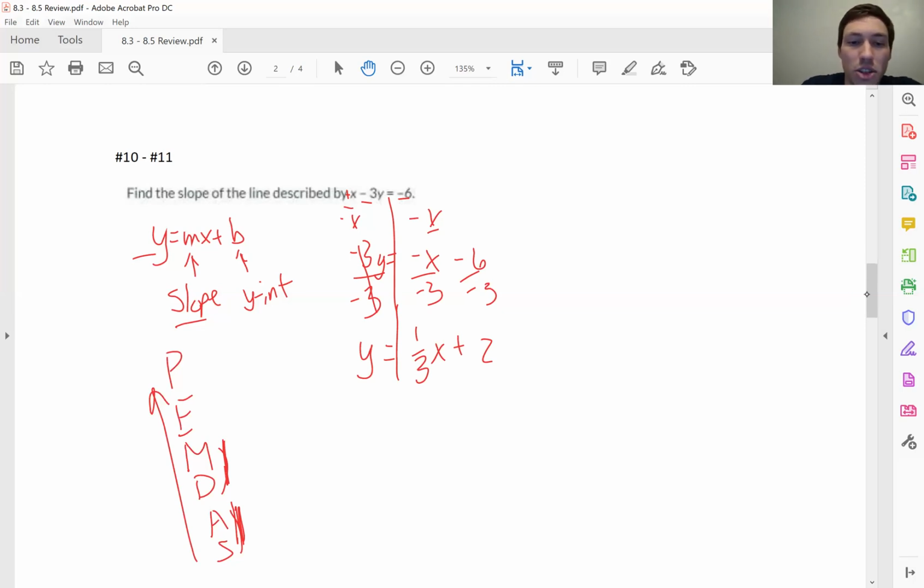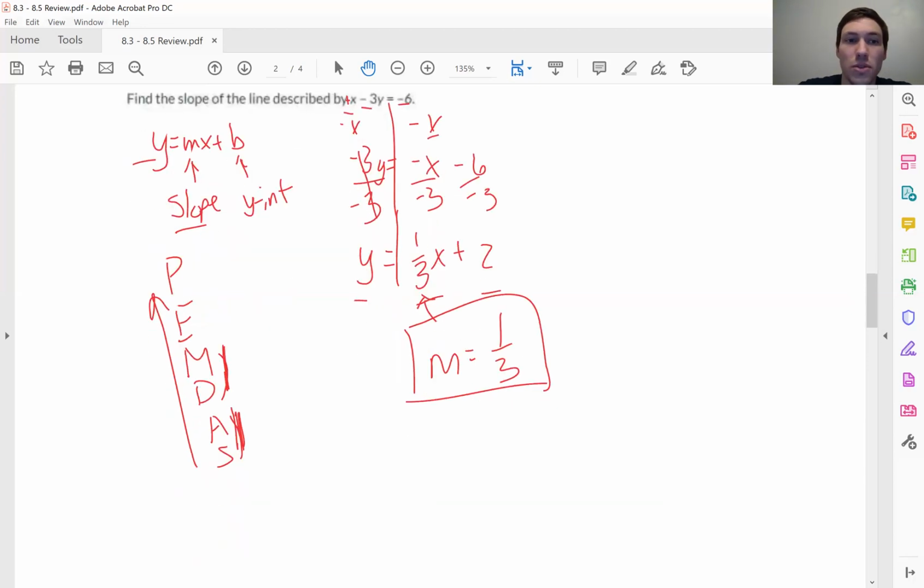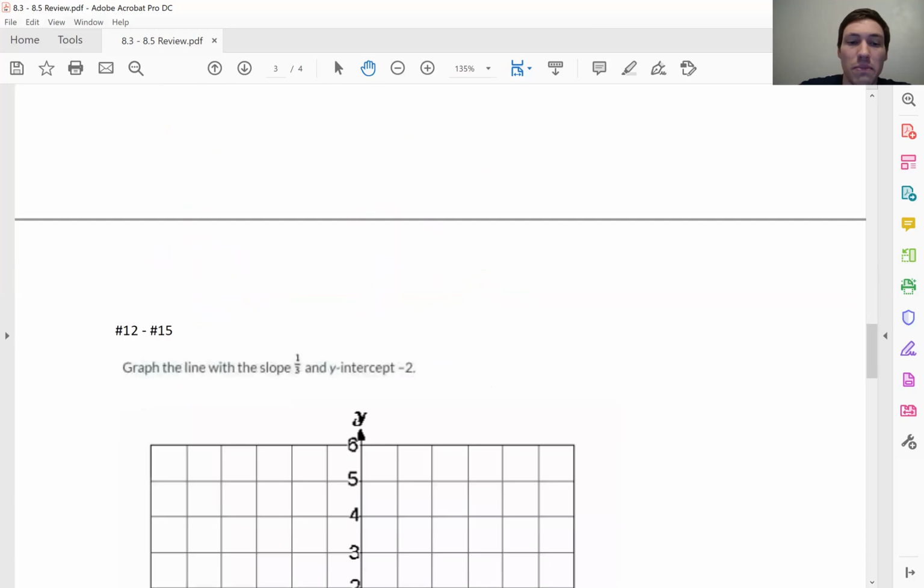So now I have it in slope-intercept form because y is by itself. Then I have mx plus b. My m, in this case, my slope, is 1/3. So that's how you'll do questions 10 through 11.